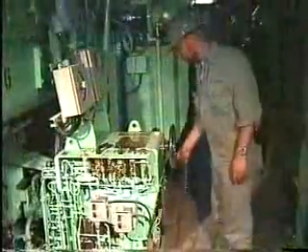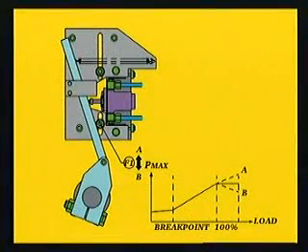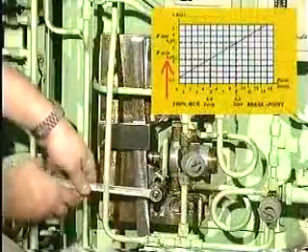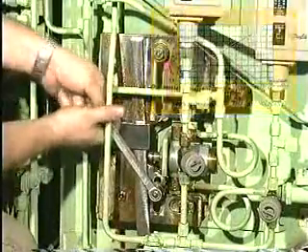Turn the fuel regulating handle to the 100% MCR position. Displace the lowermost pivoting point until the calculated control air pressure at 100% MCR is obtained.